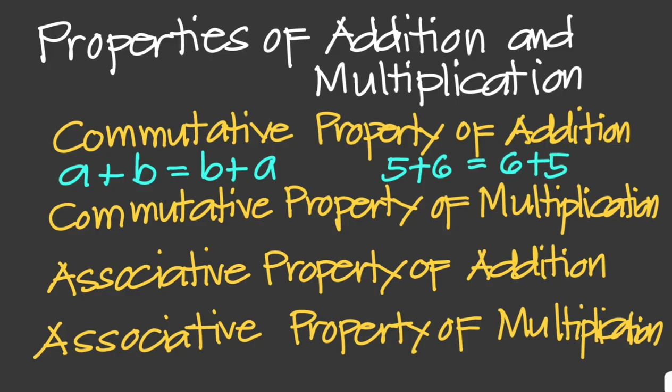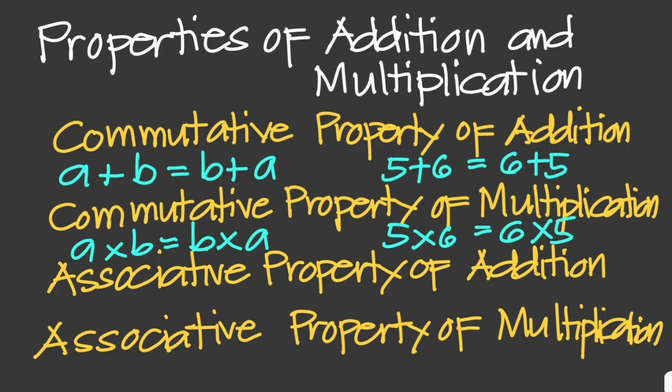How about the commutative property of multiplication? When using multiplication, the order of the factors does not affect the product. Say for example, a times b is just equal to b times a. Or 5 times 6 is just equal to 6 times 5. Then we have the associative property of addition. When adding 3 or more addends, the grouping of the addends does not affect the sum.